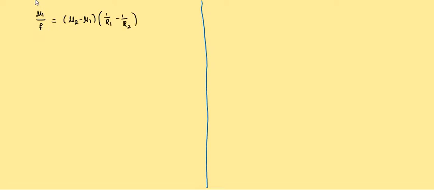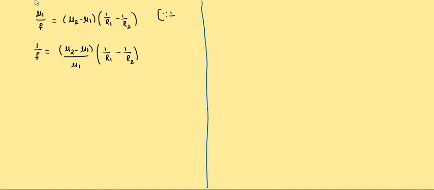Now we can take this nu 1 to the right side. Then we will get the next equation as 1 by f is equal to nu 2 minus nu 1 by nu 1 into 1 by r1 minus 1 by r2. Now let us go for some more simplification, and at this step how you got that I will also write.